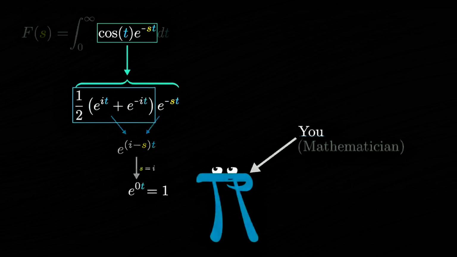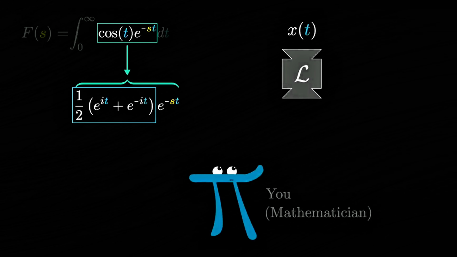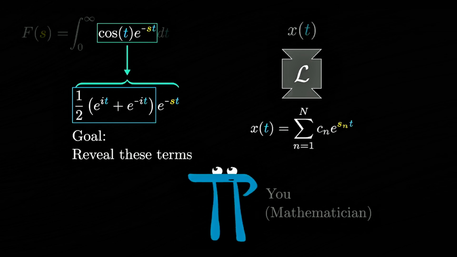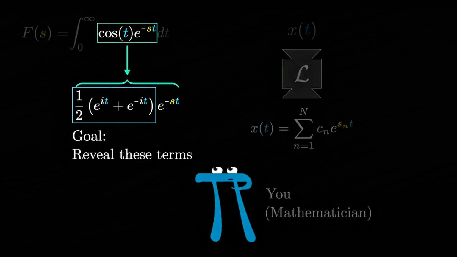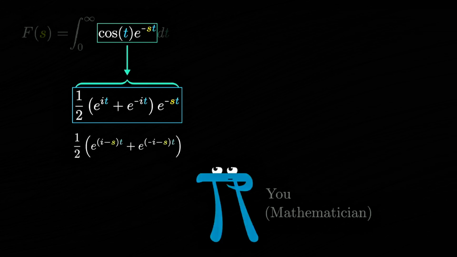So, stepping back, if you were a mathematician trying to invent some kind of machine that will detect the exponential pieces lurking inside a function, for example, detecting that a cosine has an e to the it and an e to the negative it lurking inside it, you might ask yourself, is there something I can do that can detect when one of the terms in a sum like this is secretly just a constant?